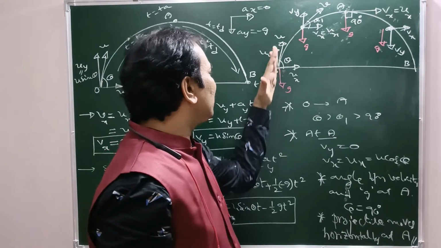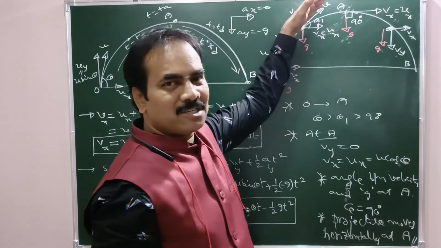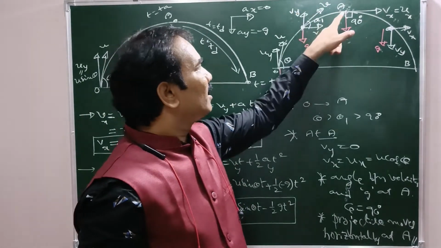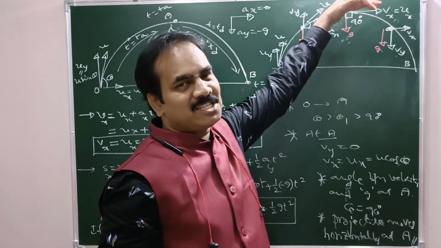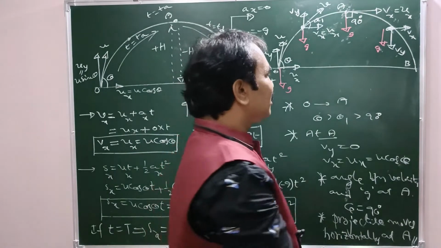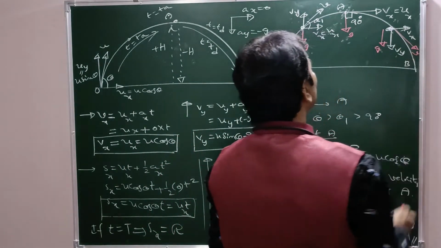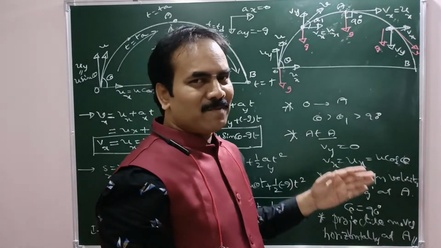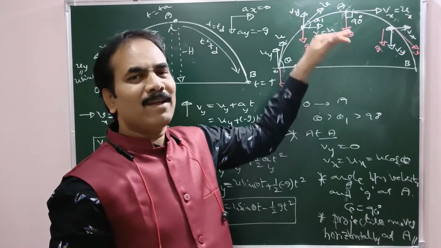See, this is the net velocity at the point of projection, u. Here, v is the net velocity or instantaneous velocity. Here, the horizontal component itself is the net velocity or instantaneous velocity, because the vertical component is 0. So net velocity means instantaneous velocity, which is always tangential to the trajectory at a given point.